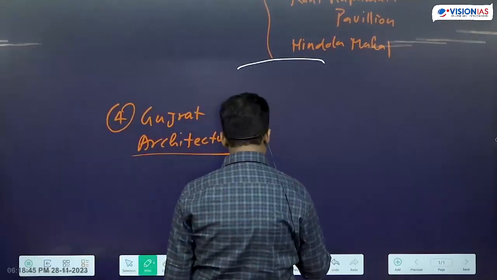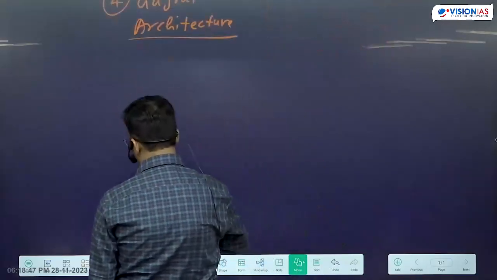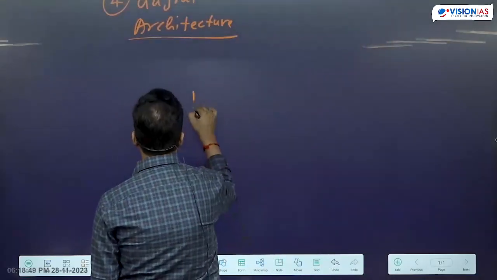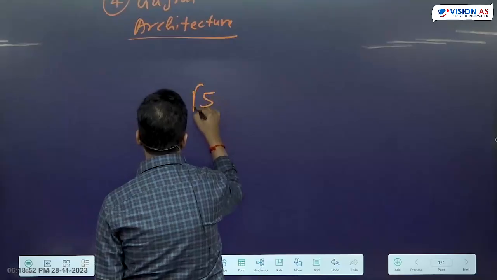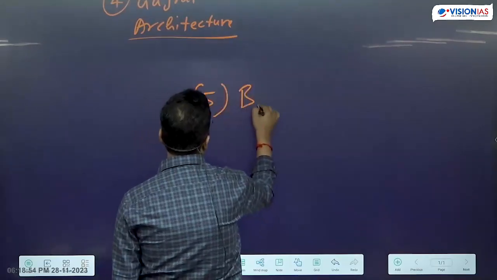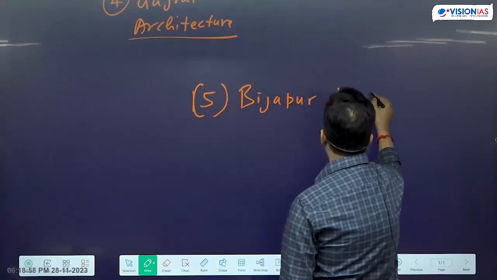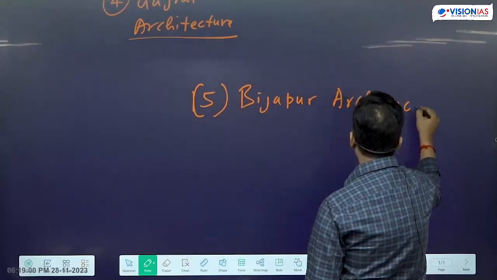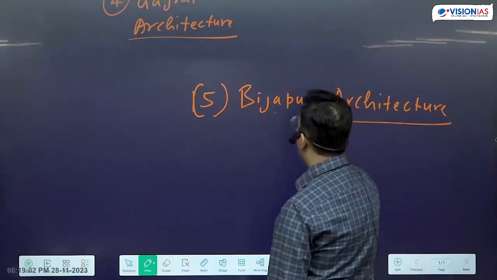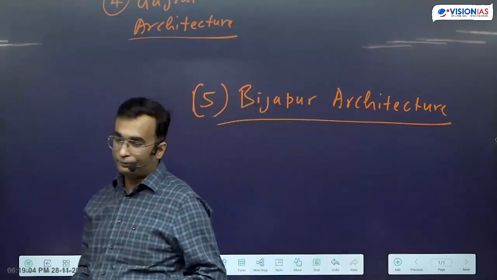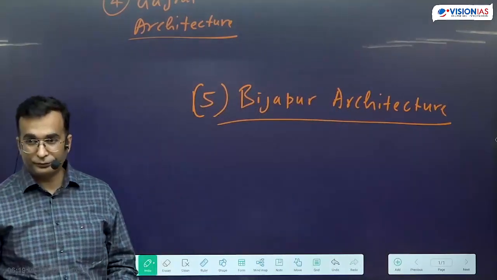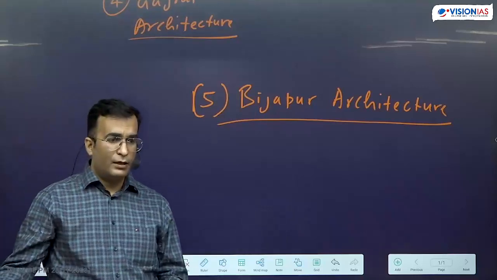Now you write the last one in the provincial architecture, that is Bijapur architecture, number 5. So where is Bijapur? In Karnataka. Now listen.